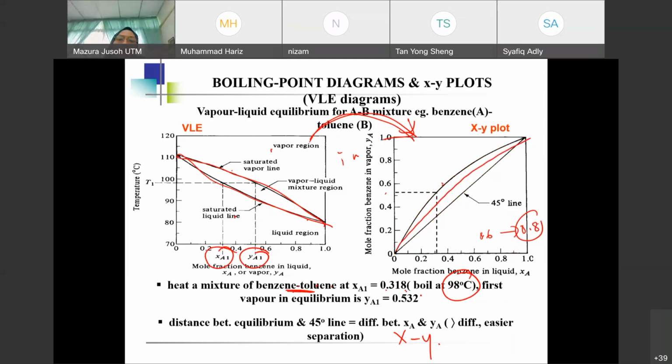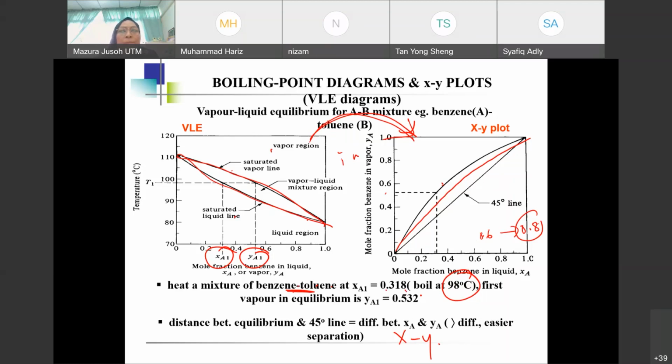Alright, so those are some explanations on what a VLE diagram is, as well as an XY plot. You cannot produce the XY plot without the VLE diagram. So you have to produce the VLE diagram first in order for you to get the XY plot.